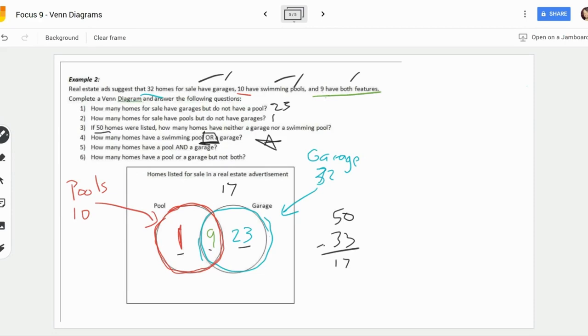It's like saying, do you want cream or sugar? Or both. So you have swimming pools, that's 1. You have garages, that's 23. And then you have the both, which is 9. So you'd add it up, and we actually already did this. We got 33.